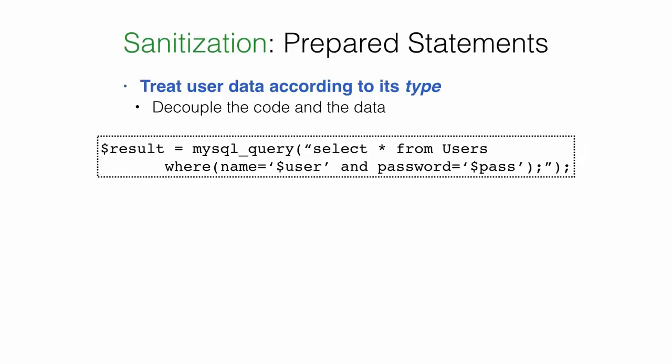For SQL injection in particular, the preferred solution is to use what are called prepared statements. The idea here is to treat user data according to a type, therefore decoupling the use of strings as code from the use of strings as data. So here's our query again.